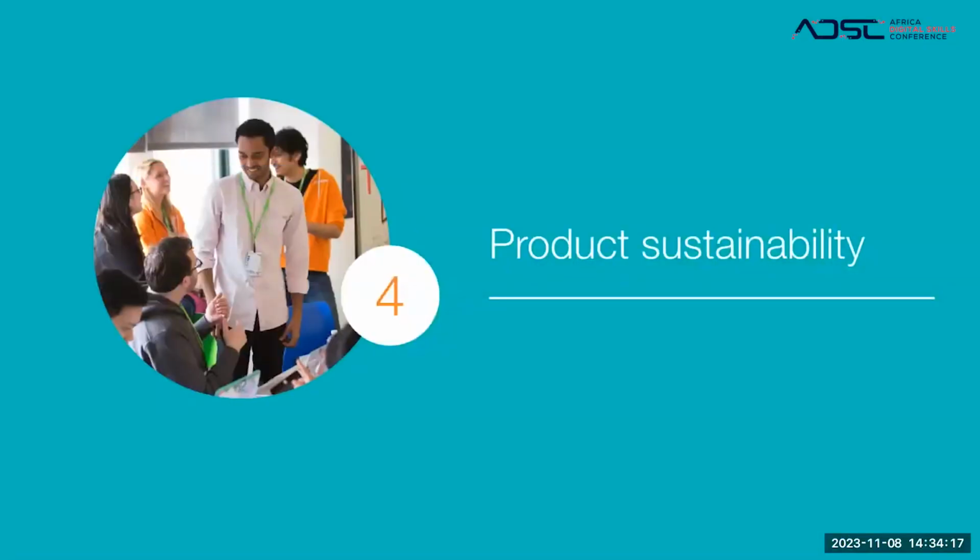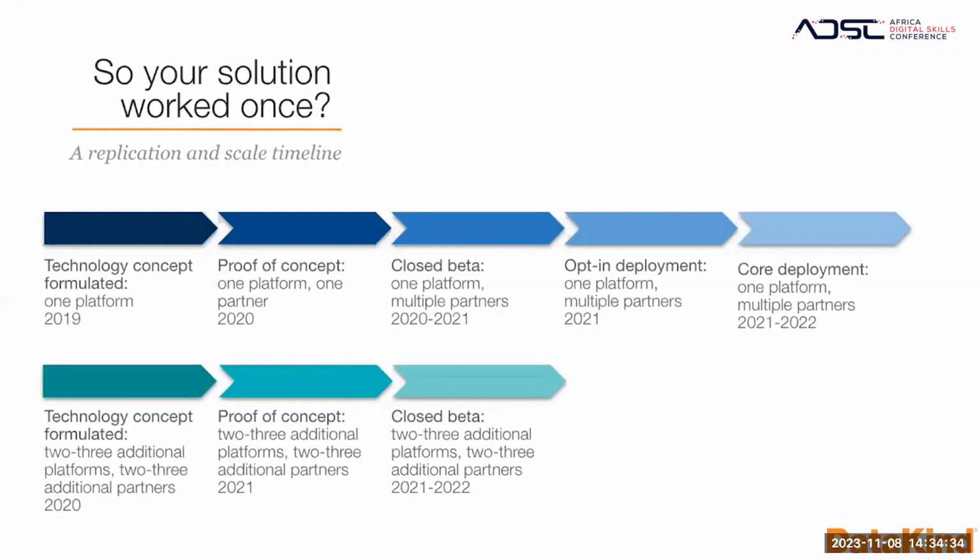So you might be wondering, why do you need to think about product sustainability during the initial stages of the project process when you scope? This is a key consideration because you don't want to propose something that's not sustainable. So the sustainability plan should be mapped out from the start. We can't be satisfied with a solution that only works once, as true value really comes from long-term replication and scale that enables systems change.